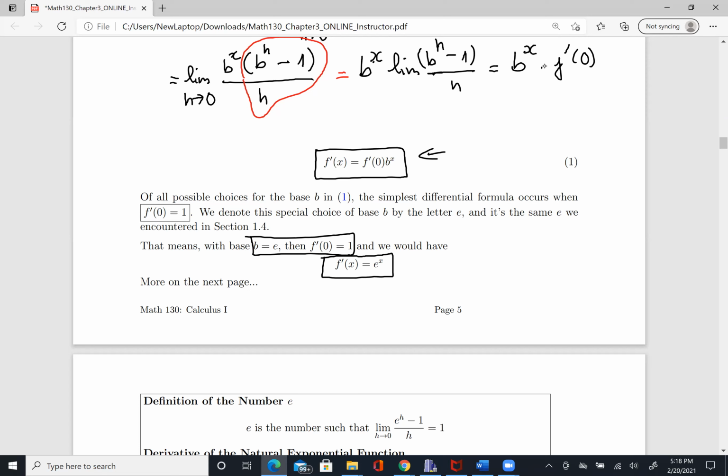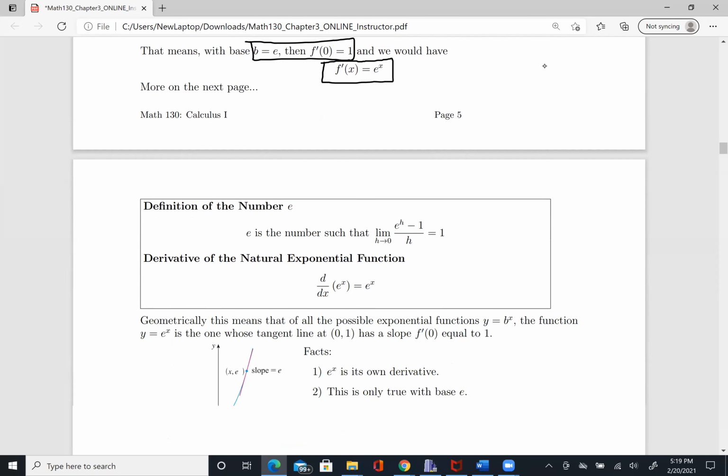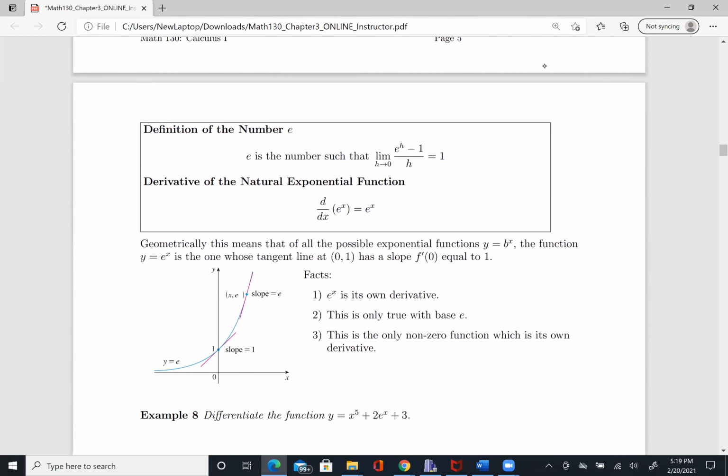So what does that mean? Let's go down to here. Definition of number e.